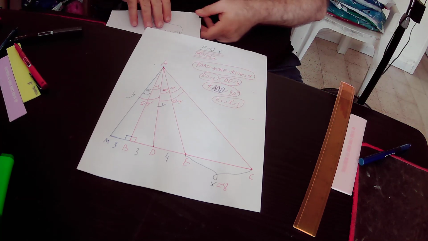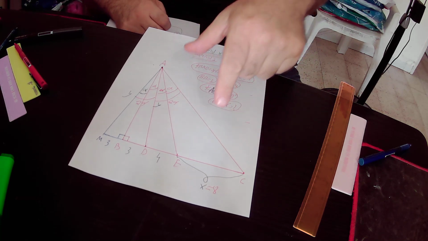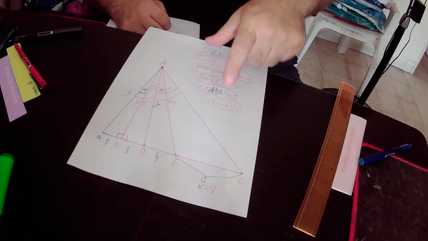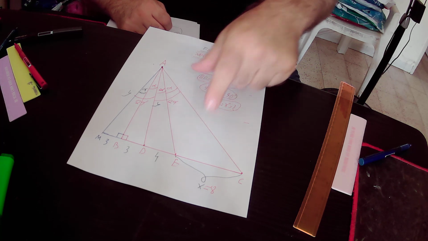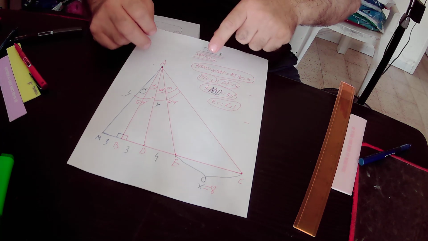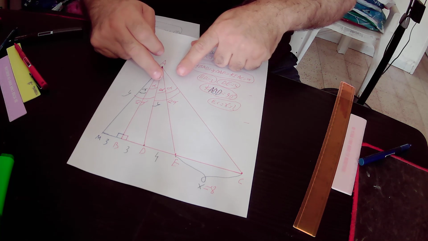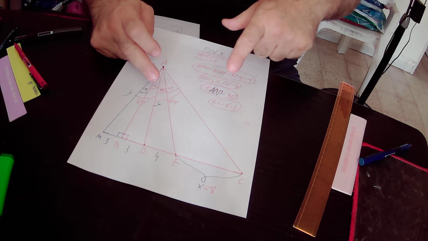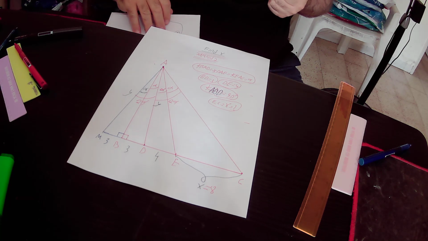Then we focus on triangle ADC. We know that in triangle ADC, AE is the angle bisector. Why is AE the angle bisector? Because it divides angle DAC into two equal parts, alpha and alpha. Therefore, AE is the angle bisector in triangle ADC, and we have the rule of angle bisector.